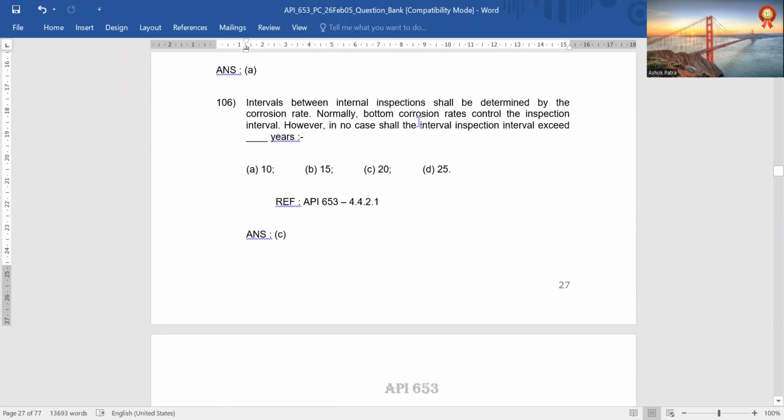Intervals between internal inspections shall be determined by the corrosion rate. Normally bottom corrosion rates control the inspection interval. However, in no case shall the inspection interval exceed 20 years.